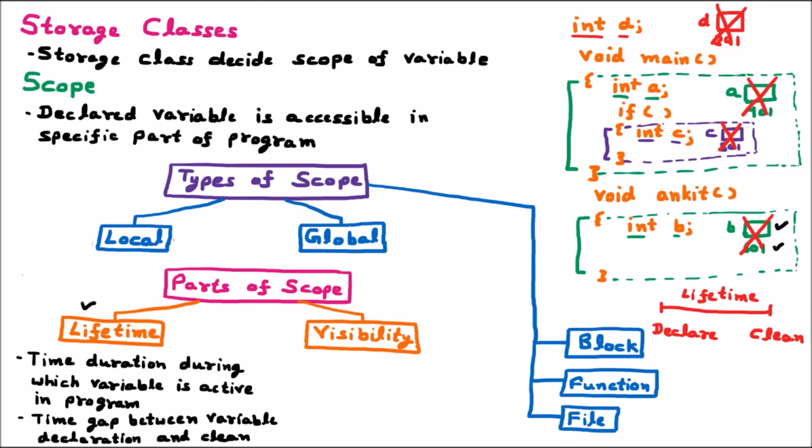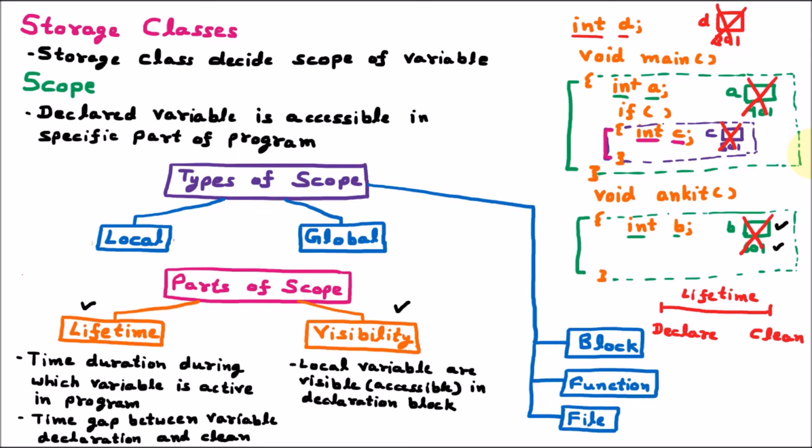Now we are discussing the next part of scope, that is the visibility. We know that there are two types of variable: one is the local variable and the second one is the global variable. The local variables are visible or accessible in the declaration block. The variable int c that we have declared is only accessible inside the boundary of if.